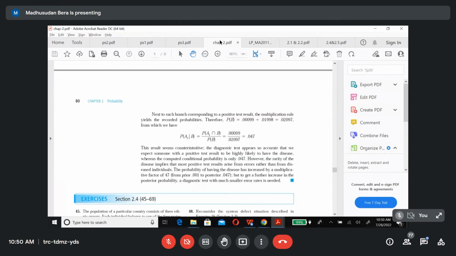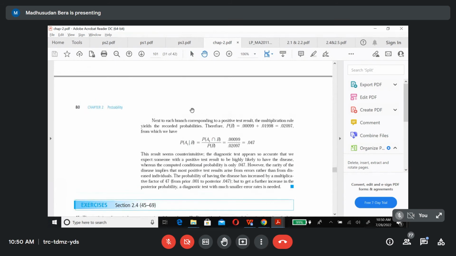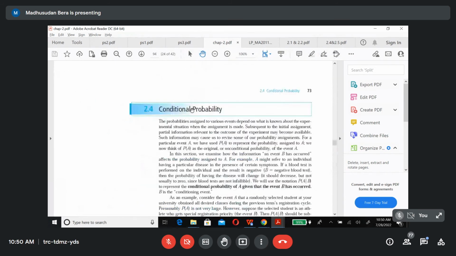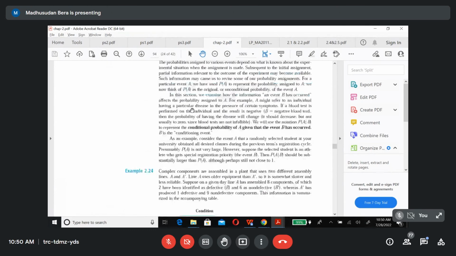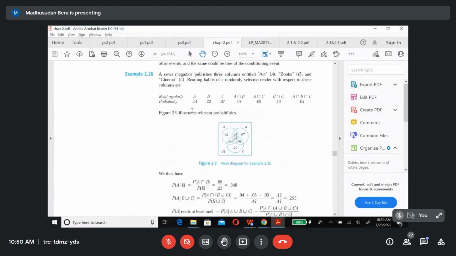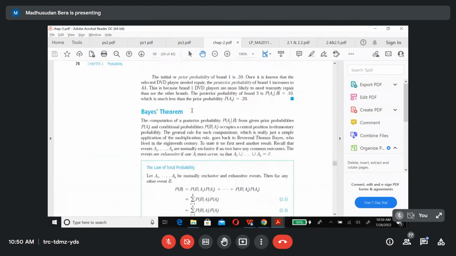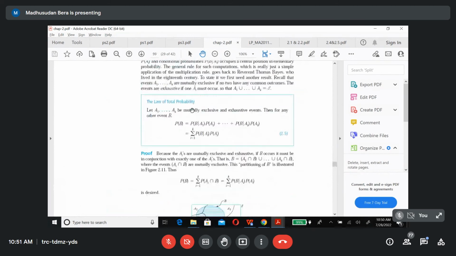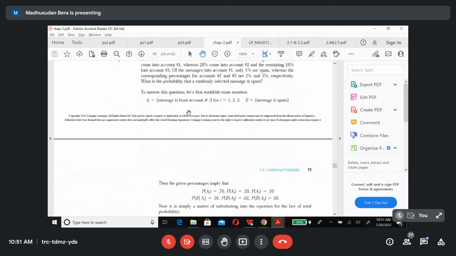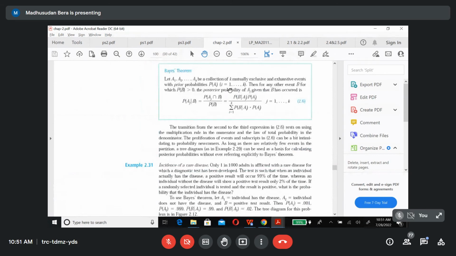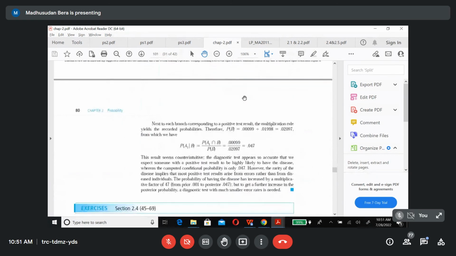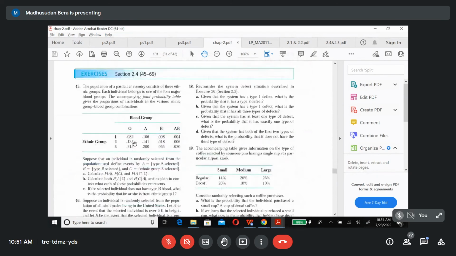If you see chapter 2, 2.4 is conditional probability, then total law of probability, and after that Bayes theorem. These are in 2.4.